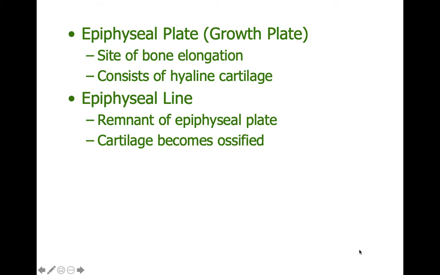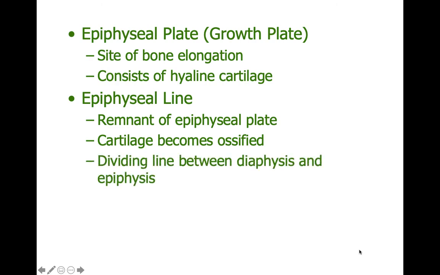So when we look at somebody's x-rays, we can determine if this individual can continue to grow, if the epiphyseal plate is in place, or if the person has reached skeletal maturity. They cannot grow any further because that cartilaginous plate, the epiphyseal plate, has become bony. It has become ossified. This is considered to be the dividing line between the shaft and the bone ends, the diaphysis and the epiphyses.